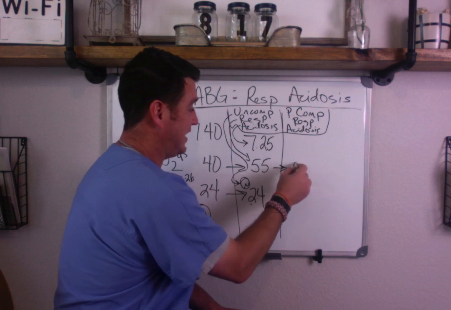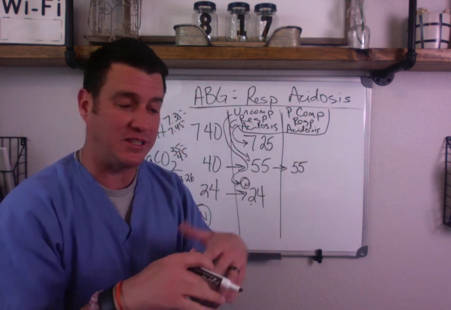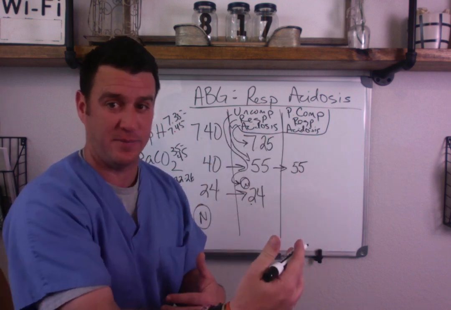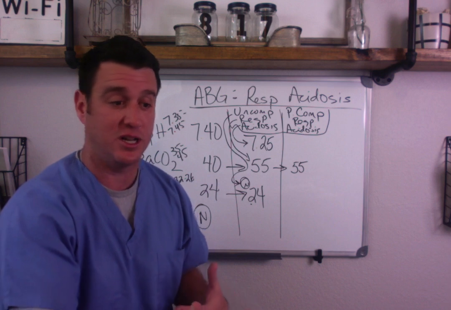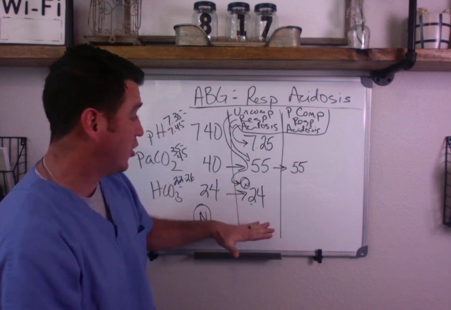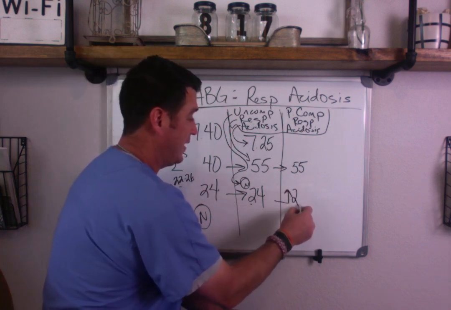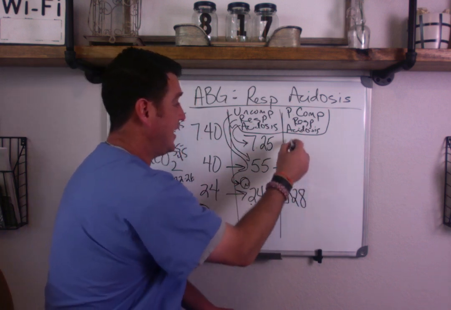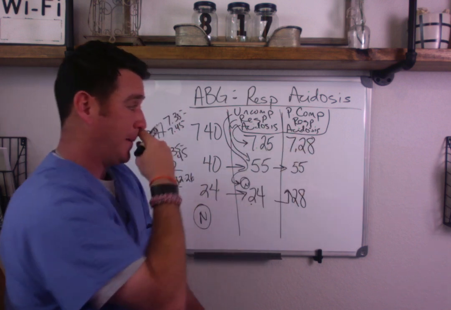So as it hangs out at 55, we're going to see that our bicarb is going to increase. The kidneys are going to work hard to get rid of extra hydrogen ions. They're going to retain more bicarb. The bicarb is going to go up. So our bicarb will increase to 28, and our pH goes up, let's just say to 7.28.